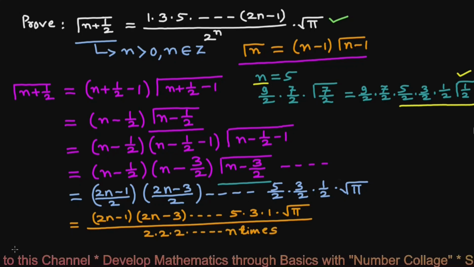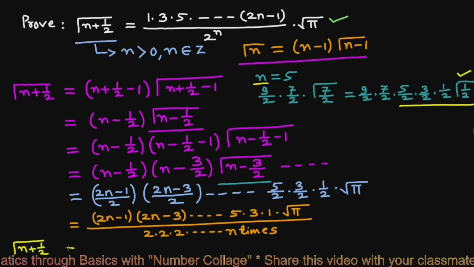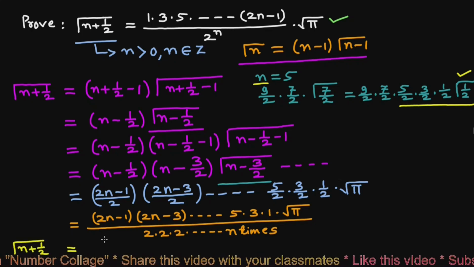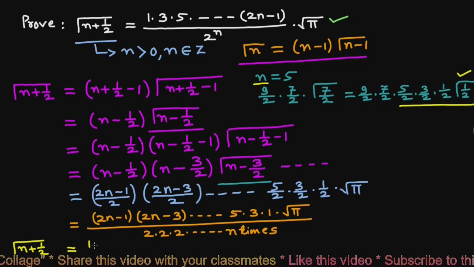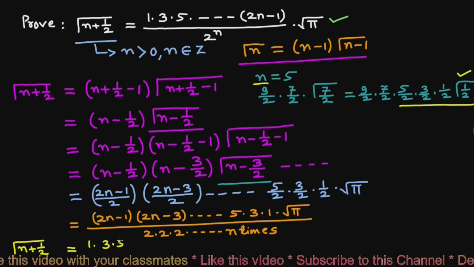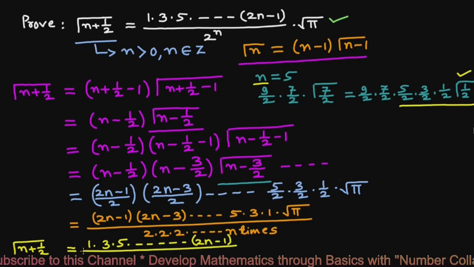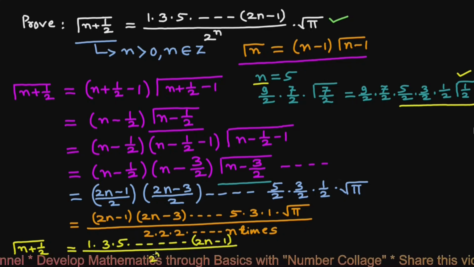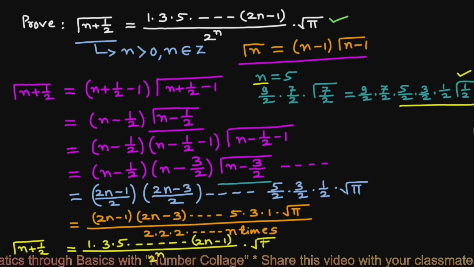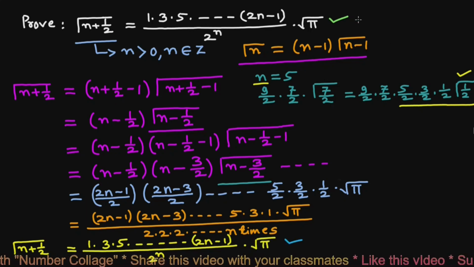So this finally becomes gamma n plus half equals, writing the numerator in the reverse order, 1 into 3 into 5 into so and so forth to 2n minus 1 upon the denominator 2 raised to n into square root pi. And this is what we have to prove here.